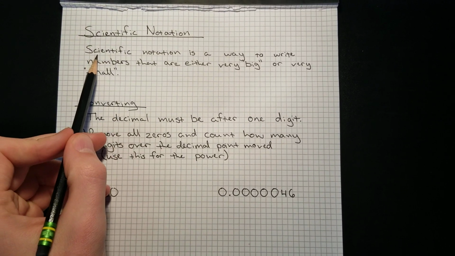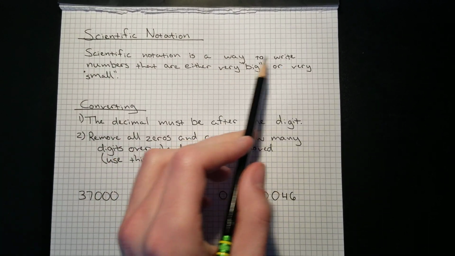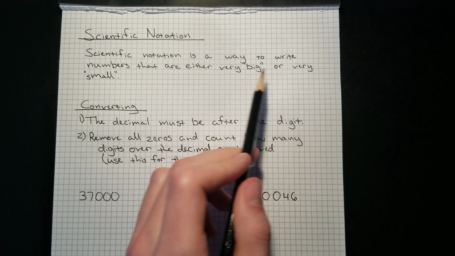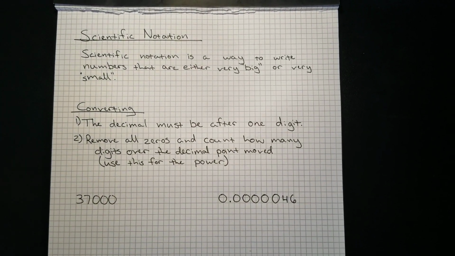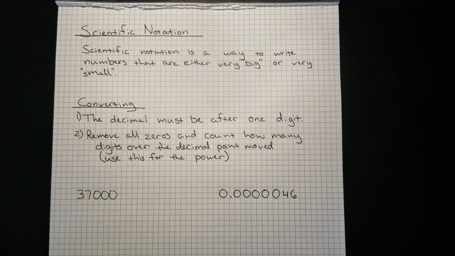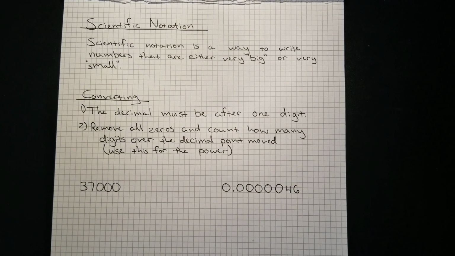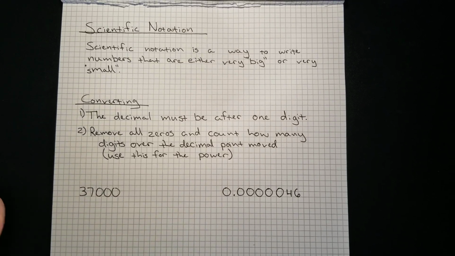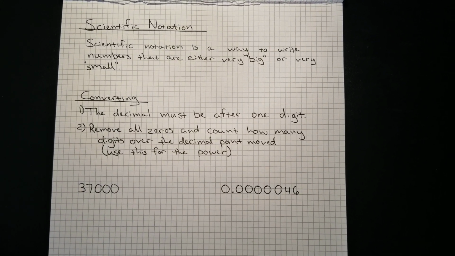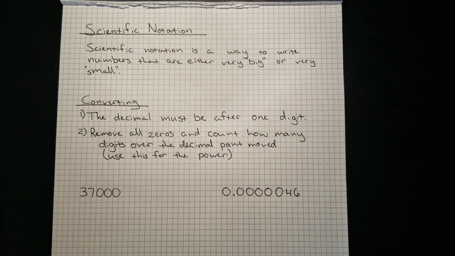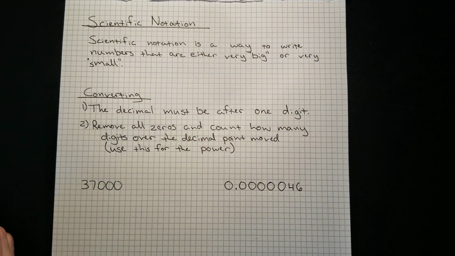Scientific notation is a way to write numbers that are either very big or very small. We usually use this in science to denote things like the distance between galaxies or some other very, very large numbers that we need to calculate, but we don't want to have to write down with a lot of zeros in front of it.